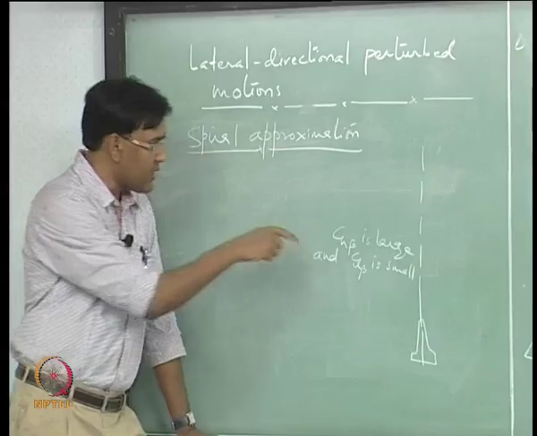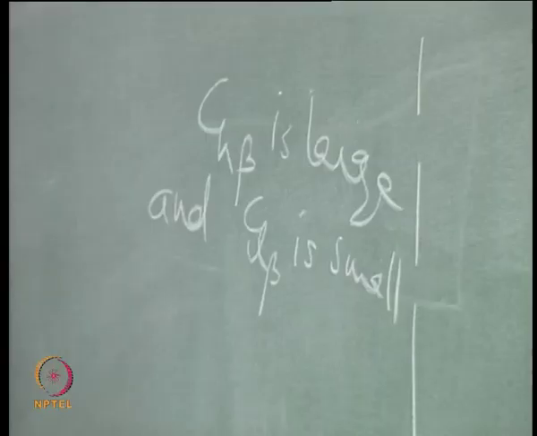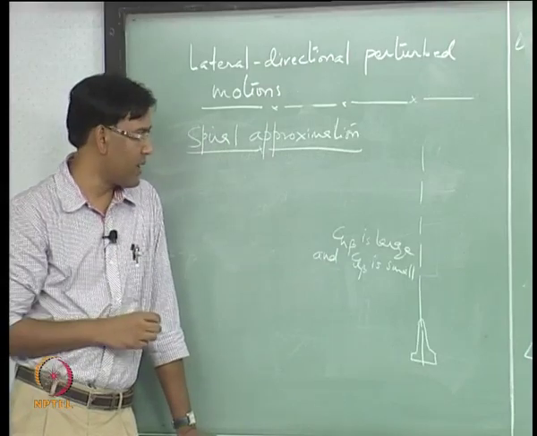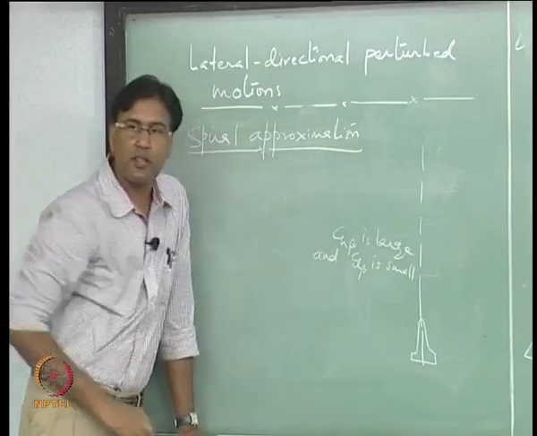What I mean to say is this Cl beta is small but it is negative, right, that is what was required for static stability, and this Cn beta is positive.